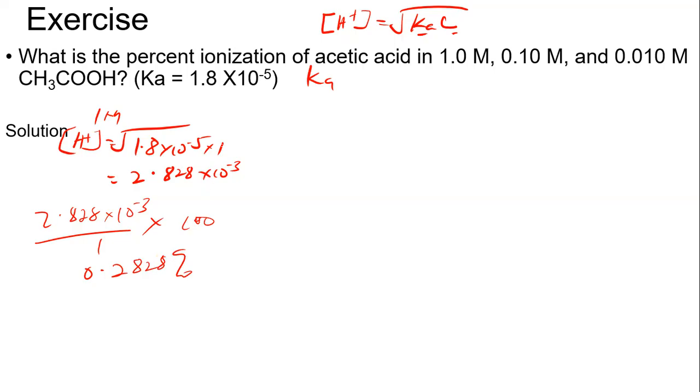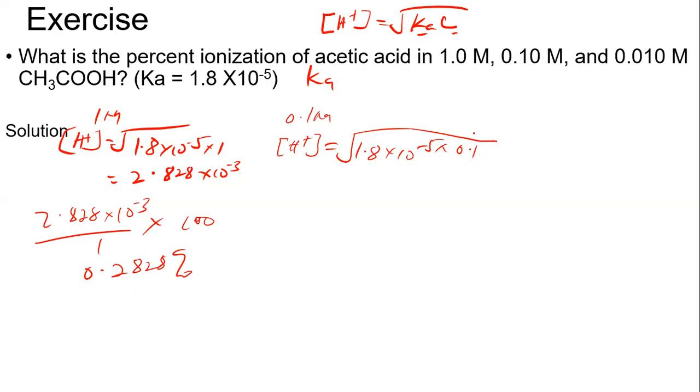Good. Now, if I'm talking about the 0.1 molar, my H plus ion concentration will be equal to square root of KaC. That is 1.8 times 10 raised to the power -5 times 0.1. Oh no, I didn't punch my first value well.